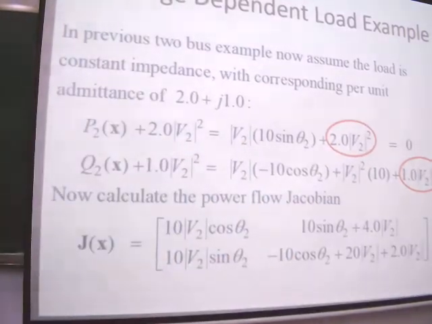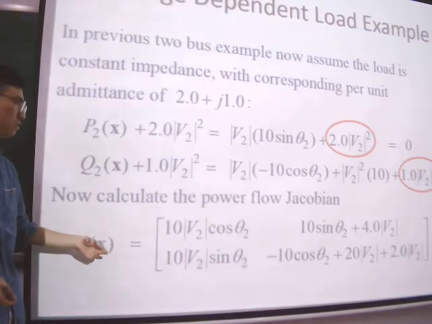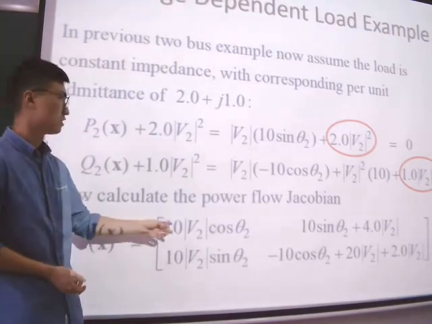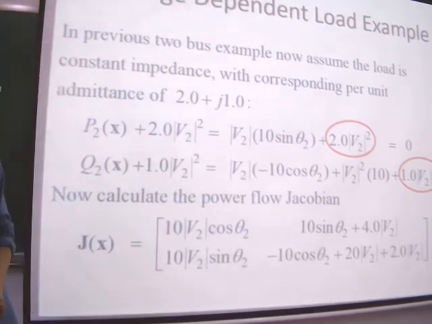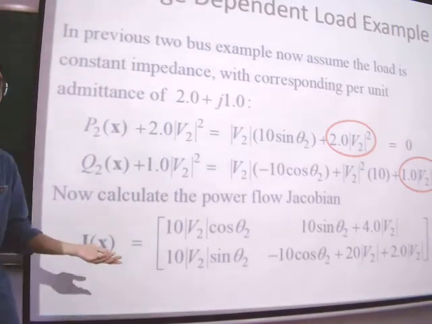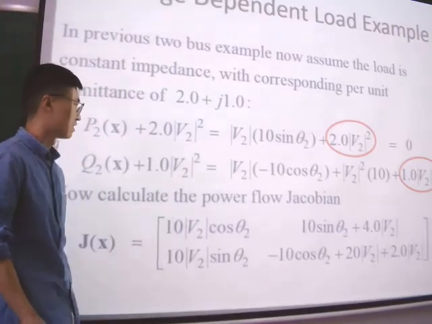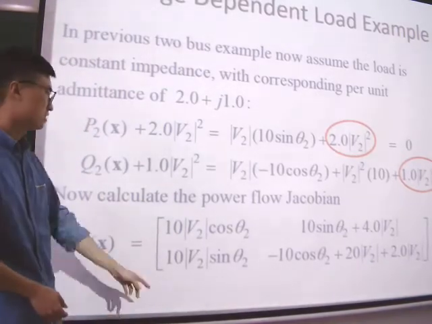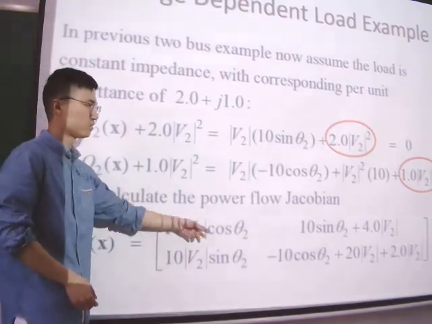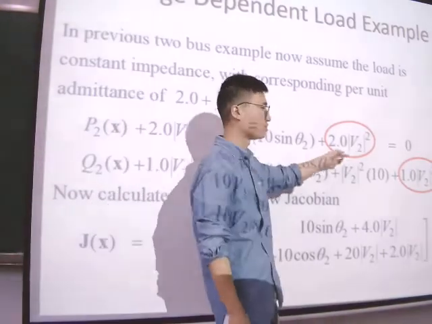So the power Jacobian is a little bit different, but it is still the same way. For this, it's theta 2, so it has nothing to do with V2.